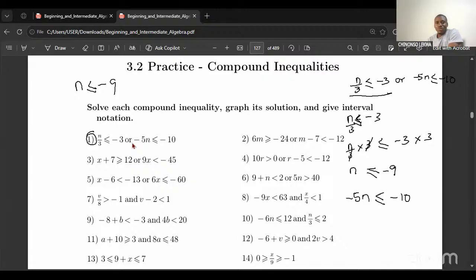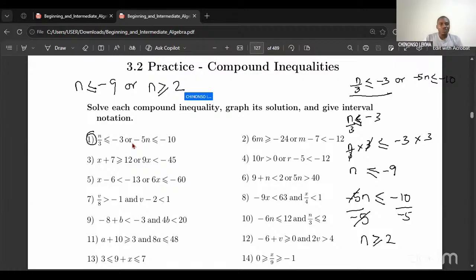So to do this, we divide through by -5. So this -5 cancels this, and I'm left with n. So we then have to flip the sign, so that becomes greater than or equal to. And then -10 divided by -5 is 2. So we've got that, or n is greater than or equal to 2.